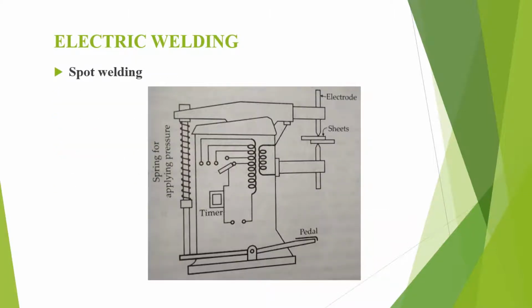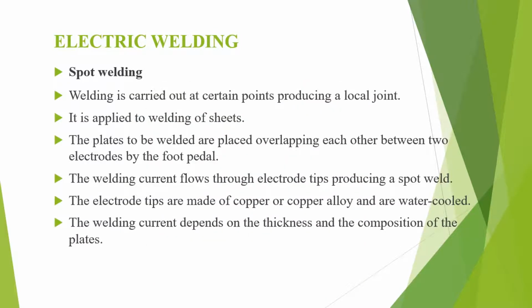Spot welding. In spot welding, the welding process is carried out at certain points, producing a local joint. This can be applied to welding of sheets. A spot welding machine is shown in the figure. The plates to be welded are placed overlapping each other between two electrodes by the foot pedal.